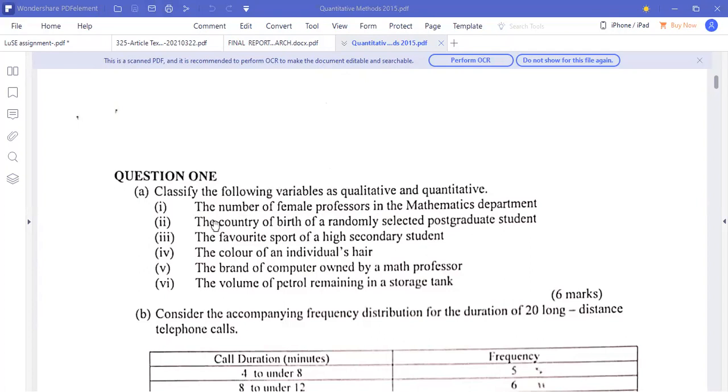When we go to the country of birth for selected postgraduates, what is that? Nominal, or qualitative, ordinal, or just qualitative. Favorite sport in high school, that is qualitative. Color of one's hair, qualitative. Brand of computer, qualitative. Volume of petrol, that is quantitative. You can measure that. Is that clear?